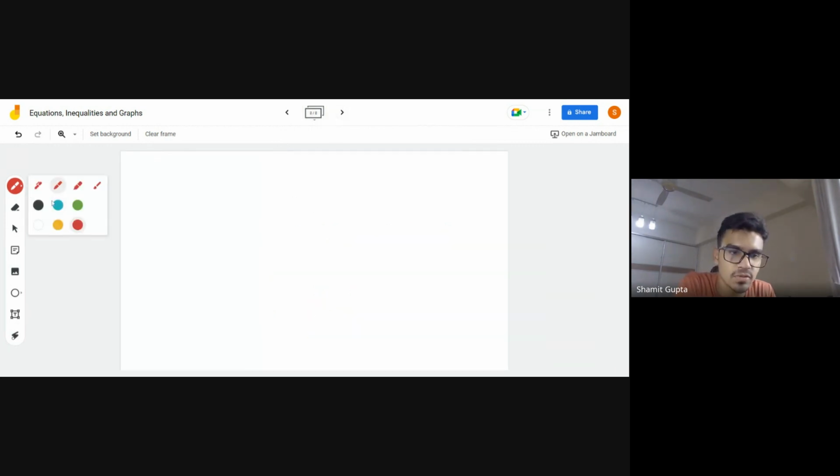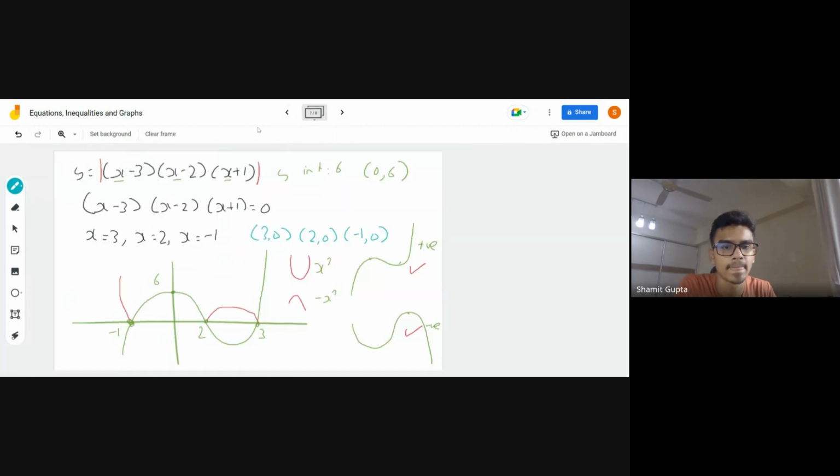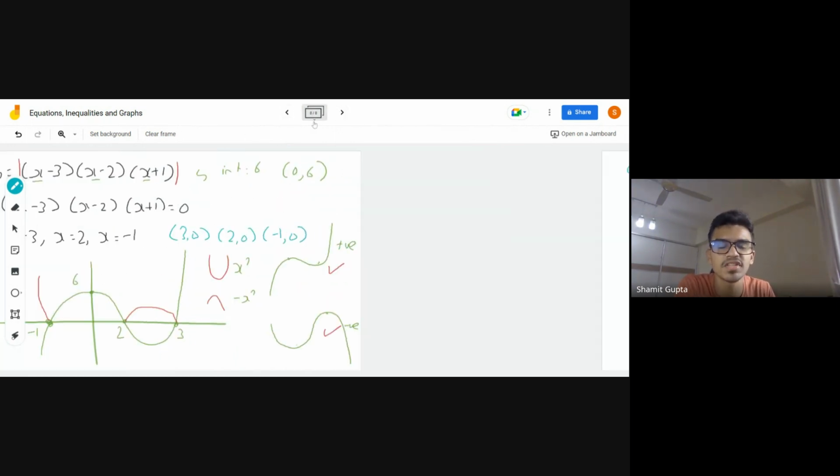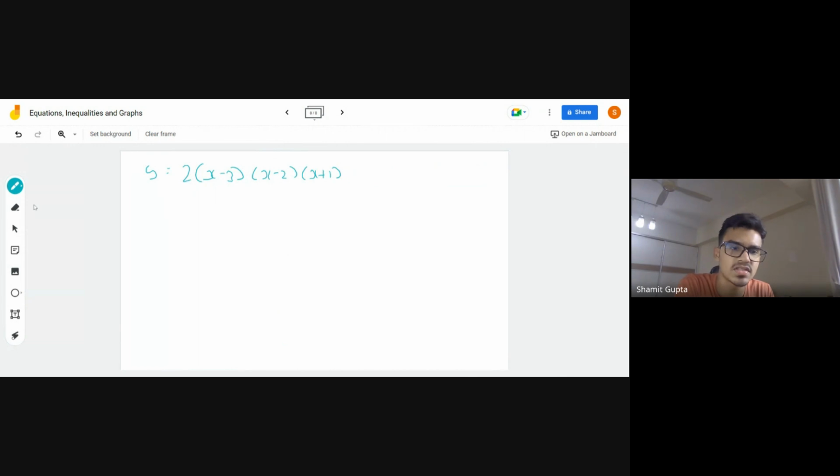Now, sometimes the cubic graphs might just add one more thing here. They might say it's 2 times x minus 3 times x minus 2 times x plus 1. The only thing which has changed is the y-intercept, because the x-intercepts will stay the same. X-intercept is when y is equal to 0. So it will be 2 times x minus 3 times x minus 2 times x plus 1 equals 0.